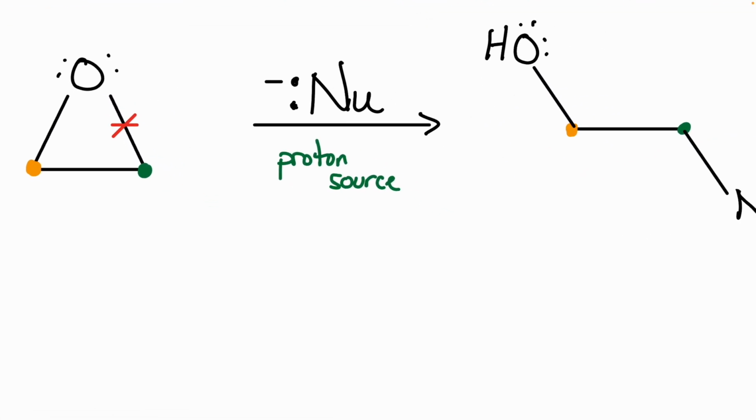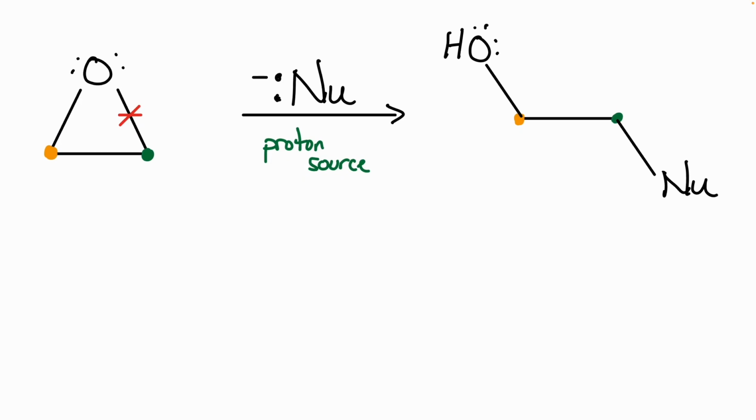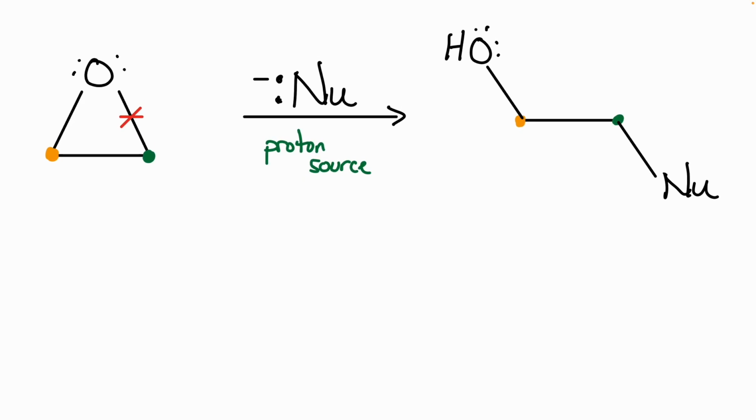All right, and so why are we going to use a nucleophile to do it? Well, as a reminder here, we have this polar carbon-oxygen bond, right? Oxygen's much more electronegative than carbon. So oxygen's got a bunch of electron density. Carbon's left relatively electron deficient.